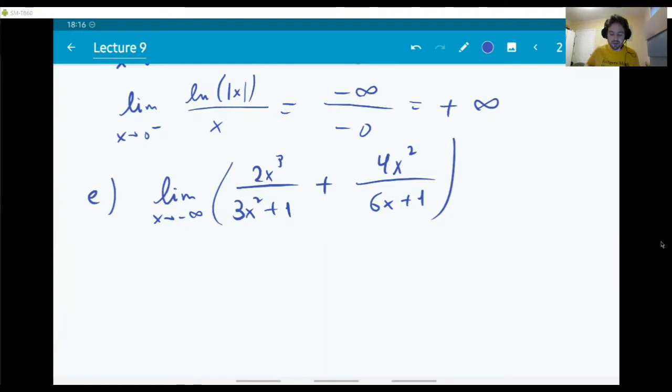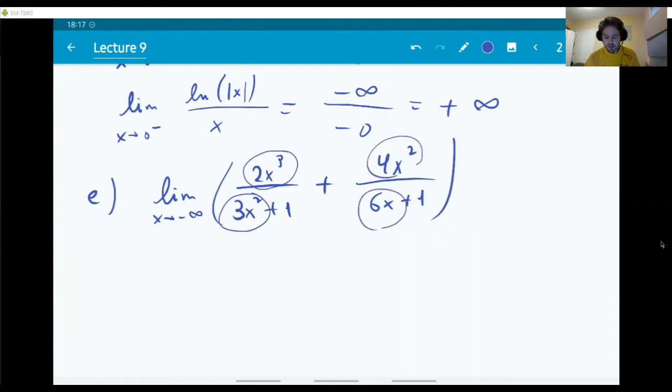Remember, we're talking about determinate forms. Just think about what happens to each one of these individually as x is going to negative infinity. Each one is a rational function. So you know that the highest degree terms are the ones that are going to determine the behavior here. In this case, both expressions have a higher numerator than denominator.